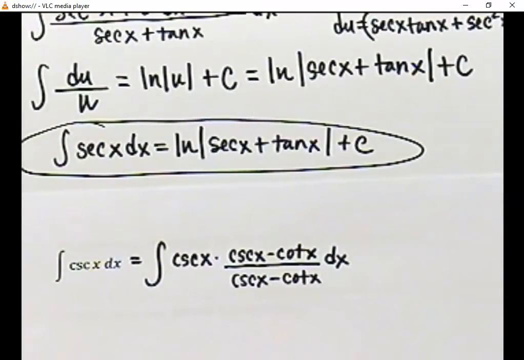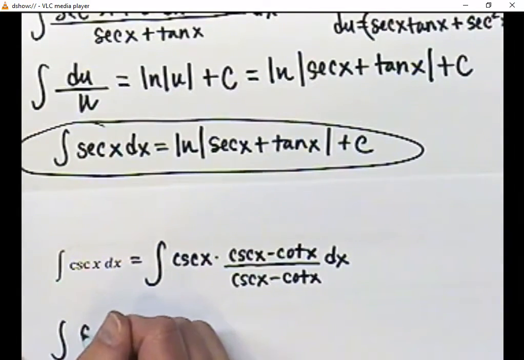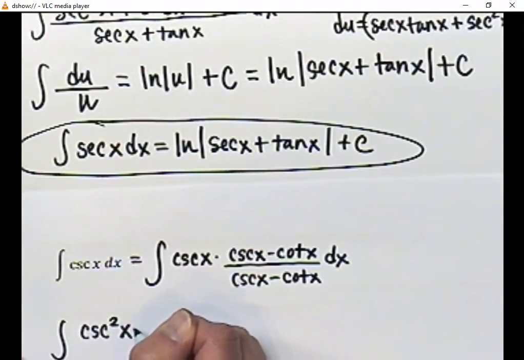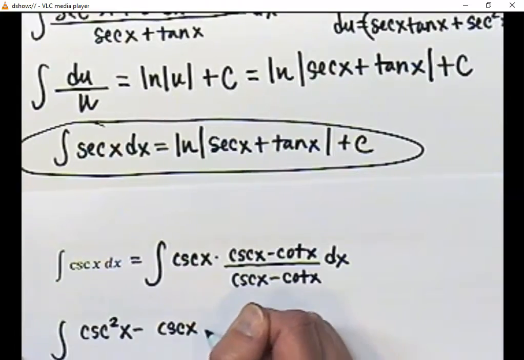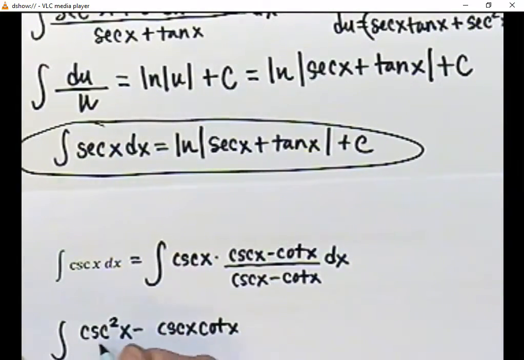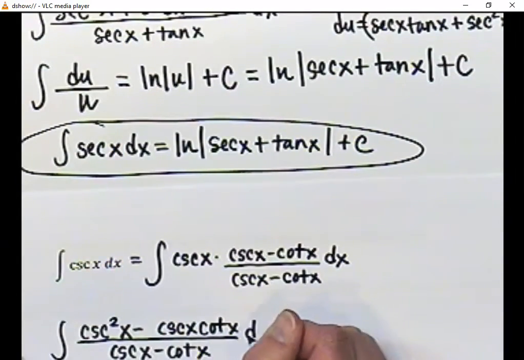And we're going to do something very similar. We'll distribute the numerator through, and then hopefully be able to use a u substitution. So we'll get cosecant squared x minus cosecant x cotangent x all over cosecant x minus cotangent x.